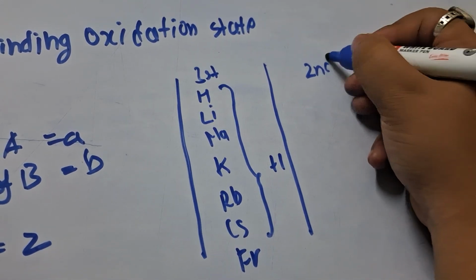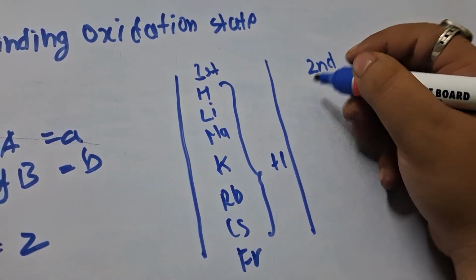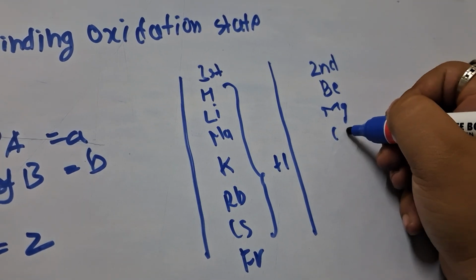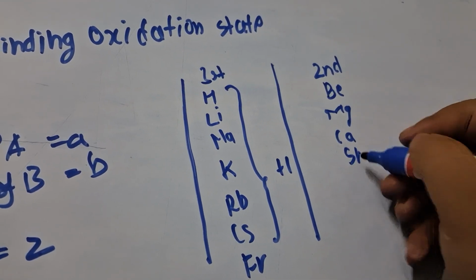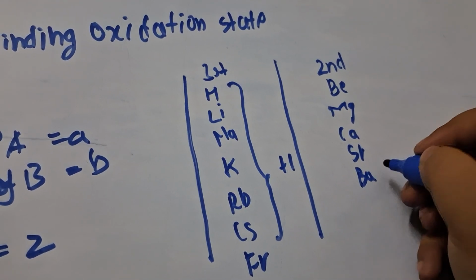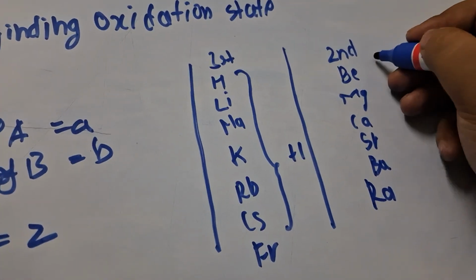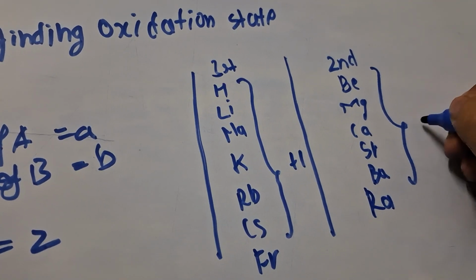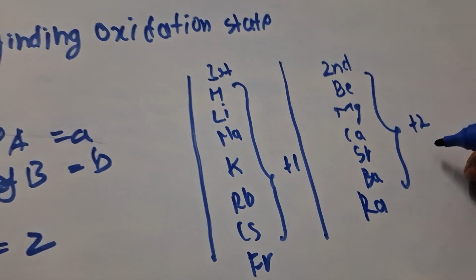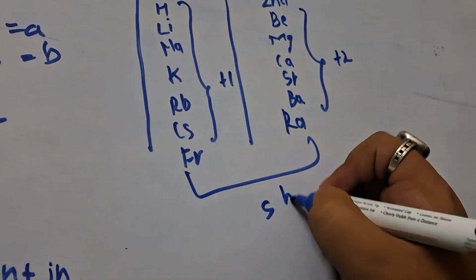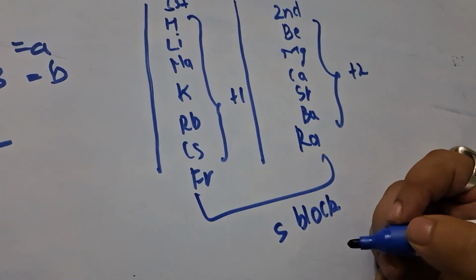For second group, Be, Mg, Ca, Sr, Ba, Ra. This will be plus 2. This is called the S block. We'll study the S block in, I think, 11th.